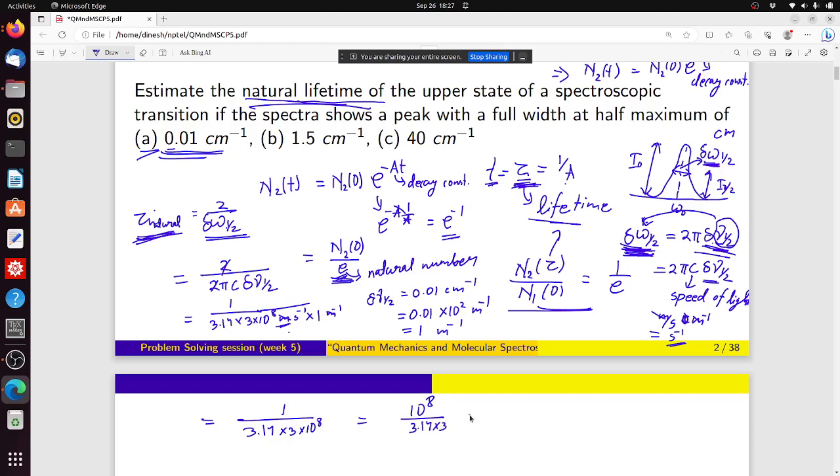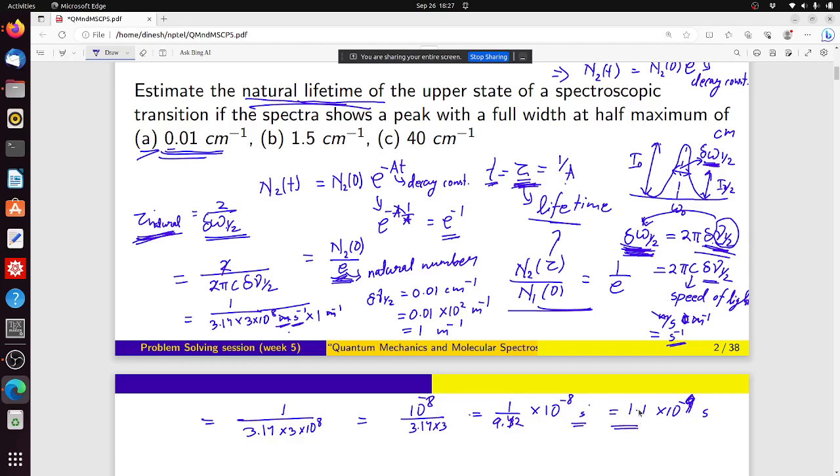If you calculate this, it's like 9.42, 10 to the power, sorry, this is minus 8, this is second. In denominator there was second inverse, so it's second. So if you divide this, it will be like 1.1 into 10 to the power minus 8. Okay, this maybe 0.1, so it will be minus 9 seconds.